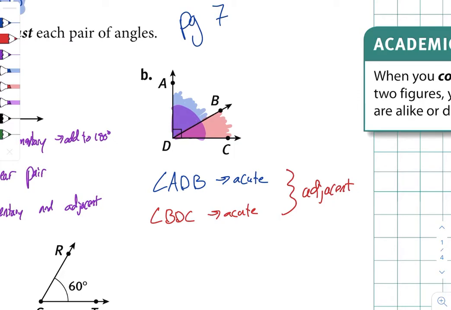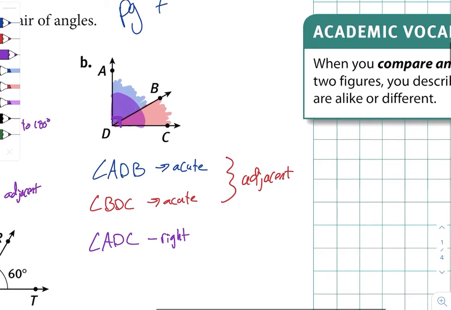And then combined, they make the third angle, which is ADC. Right, and that is a right angle. We know it's a right angle because it has that little box in the corner that tells us 90 degrees. Now, because the blue angle ADB and the red angle BDC add up to 90 degrees, that would make them complementary.